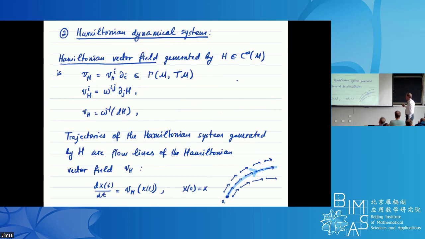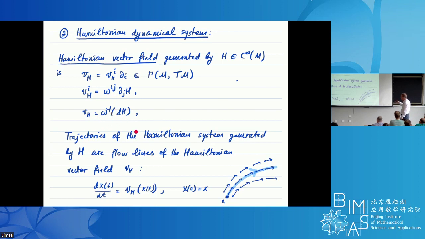Okay, so now a Hamiltonian dynamical system is the following. Every dynamical system on a smooth manifold is just a differential equation given by some vector field. A Hamiltonian dynamical system is given by the vector field that's generated by a smooth function. Since we have this bivector field omega inverse, we can pair omega inverse with the one-form dh.